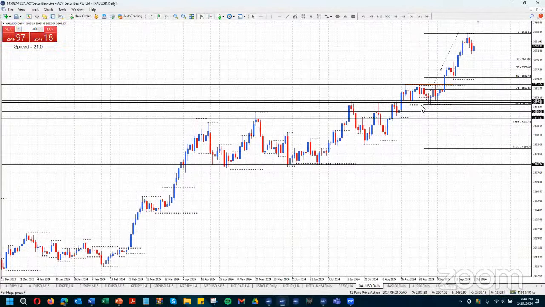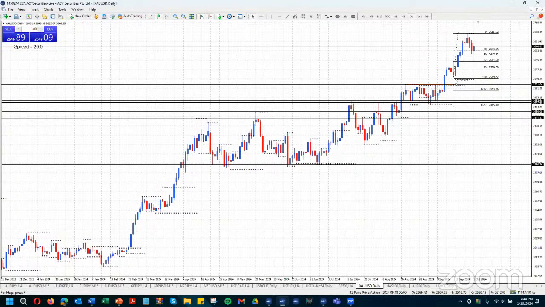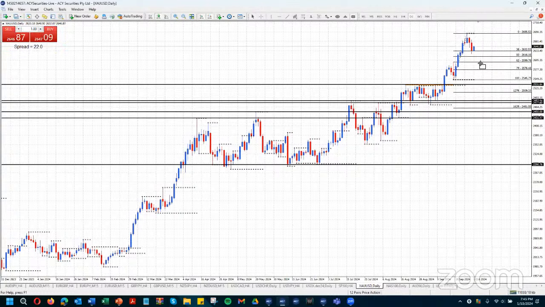Most immediate range on day charts there. So I would bide my time and look for a healthy pullback or not. All right, that's my thoughts on the market today.